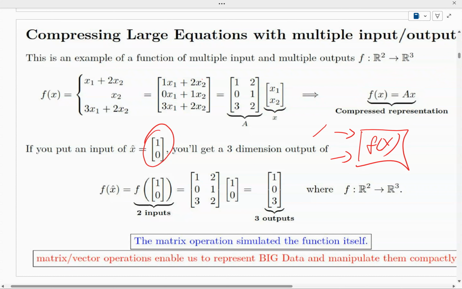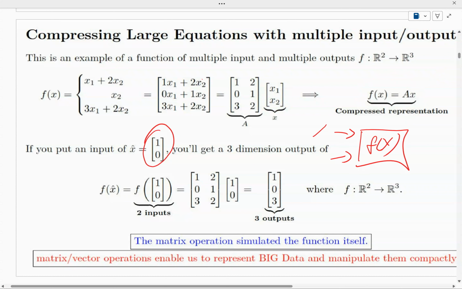And the second takeaway is that matrix and vector operations enable us to represent big data. No matter how big the data is, even millions and millions of data points, we can still represent the equation in this format, right? And it allows us to essentially manipulate them compactly.